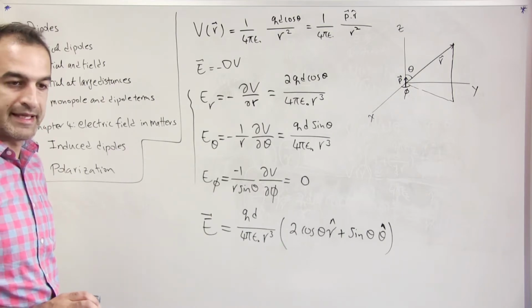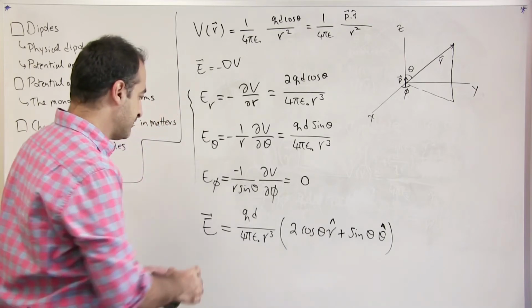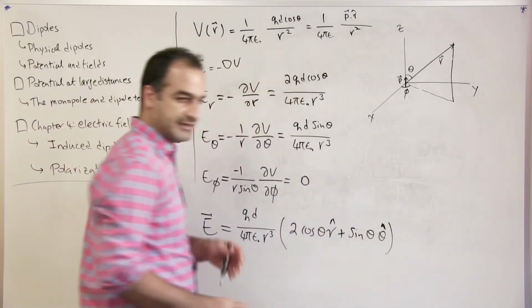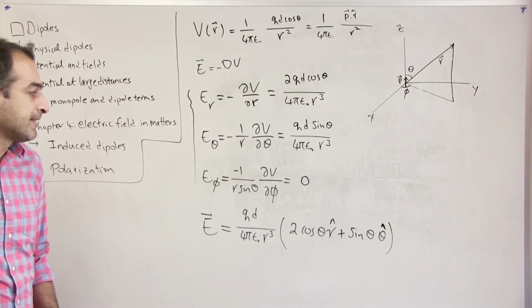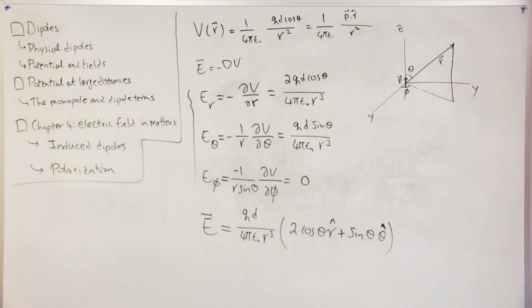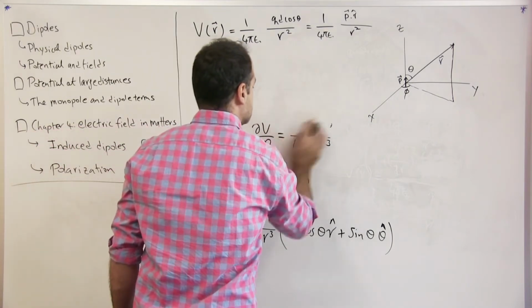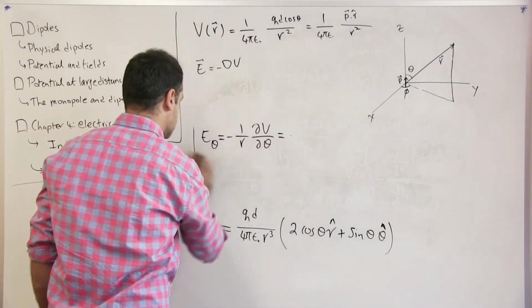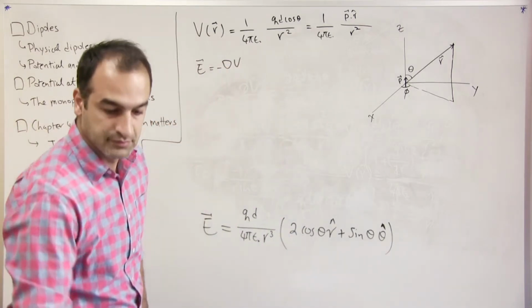Sounds good. Any more questions? So next, I want to plot this for you so you have a physical sense of how the electric field lines look on a diagram. And this is all still for dipoles, right?